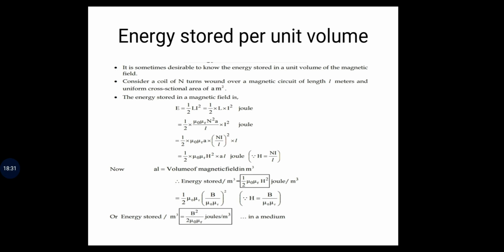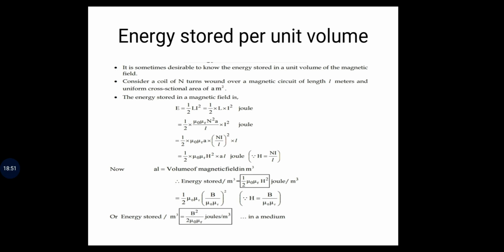Here A l is called the volume of the magnetic field. Energy stored per meter cube equal to half mu naught mu r H square joules per meter cube.